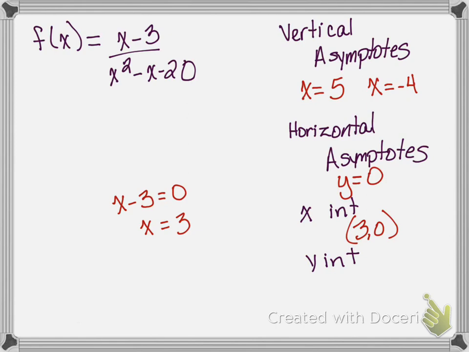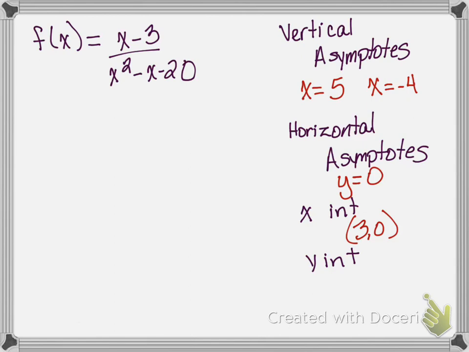Now, to find my y-intercept, I can either cover up all my x's. So I kind of take a piece of paper and cover up all my x's. What am I left with? -3 and -20.